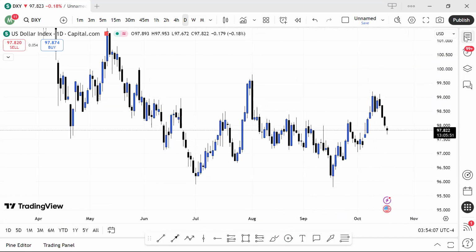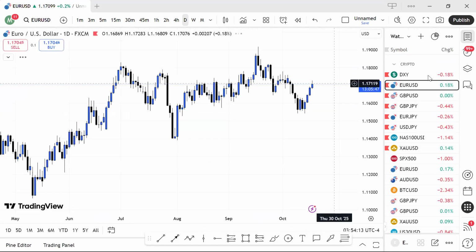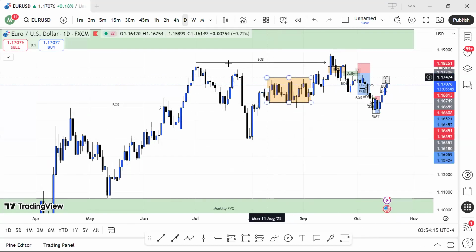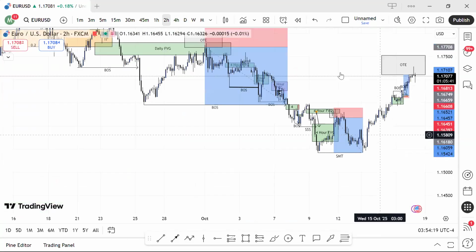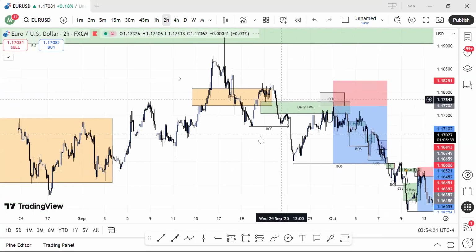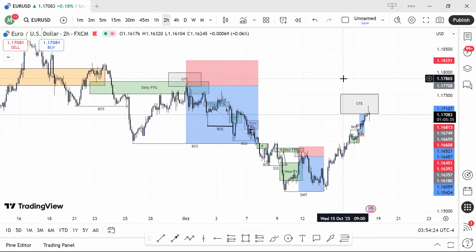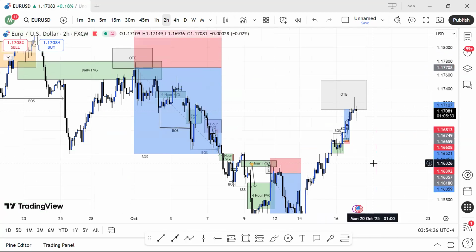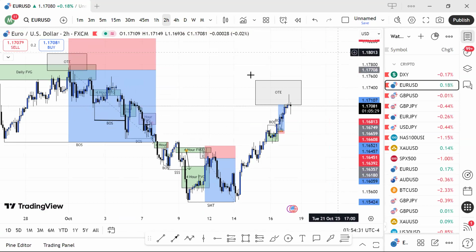Before we go with this DXY, as we did last time, these are the previous trades that we took live. So if you did join the previous live outlook, we've done this whole analysis online here.